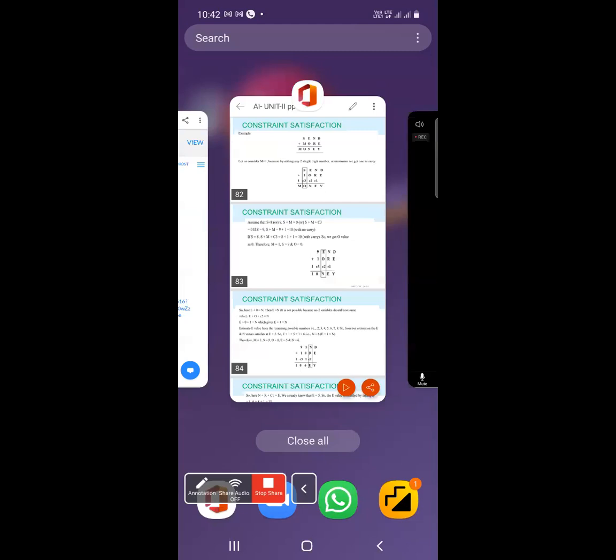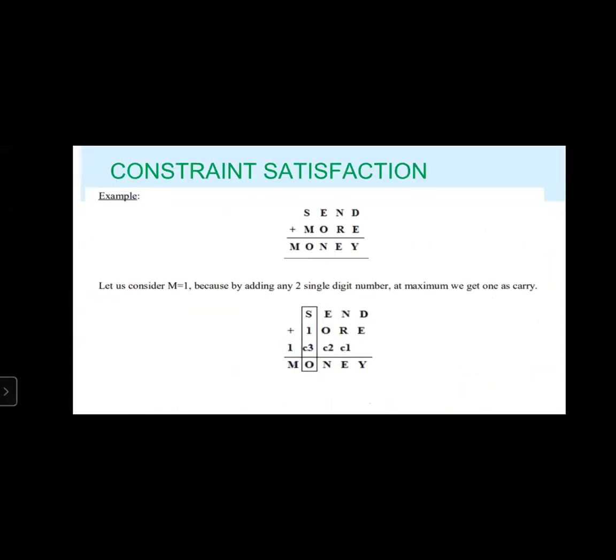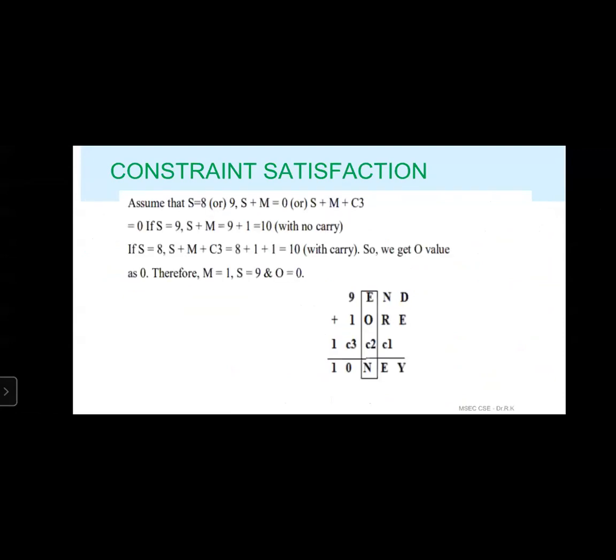Constraint satisfaction example, very important. This is done because adding any two digits gives at most a carry of 1, so M equal to 1. Assume that S equal to 8 or 9, then S plus M, or S plus M plus carry C3, equals 10.